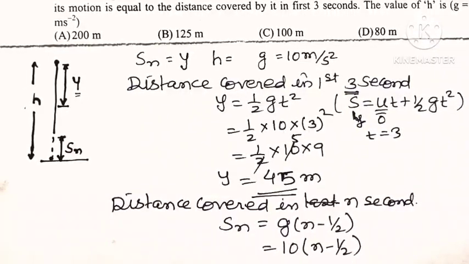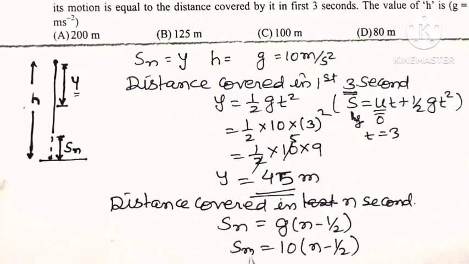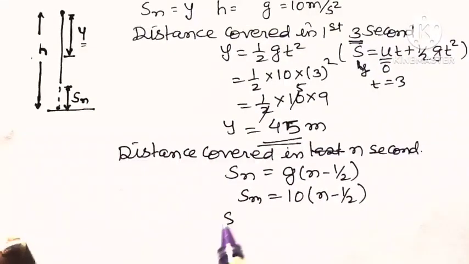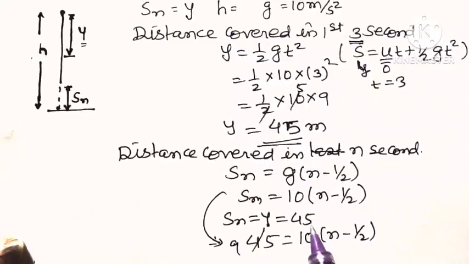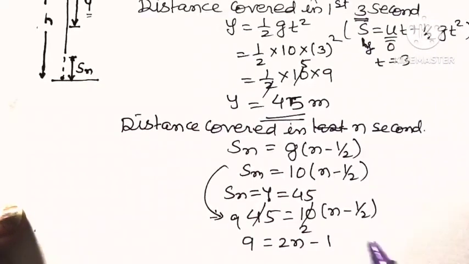10 into (2n minus 1) by 2 is Sn, and we were given that this Sn is equal to y, and that y is equal to 45. Therefore this equation will become 45 equal to 10 into (2n minus 1) by 2. So 9 is equal to 2n minus 1.